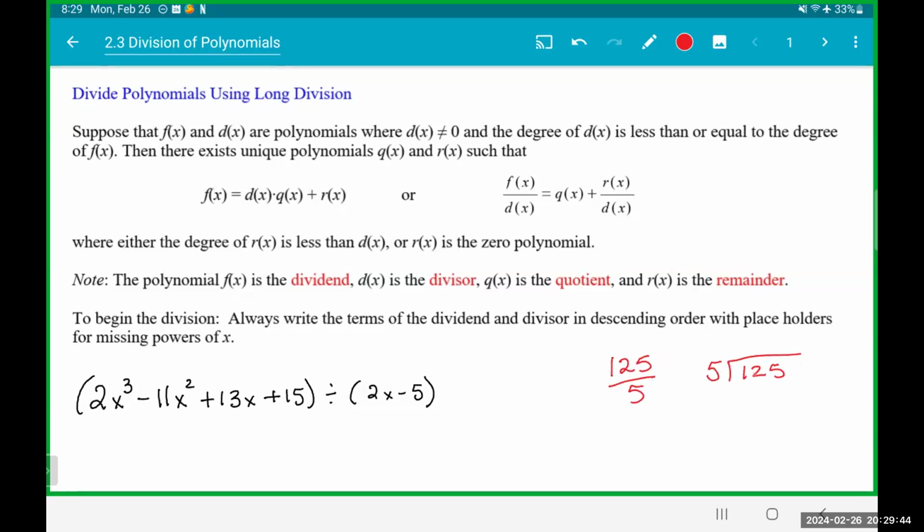We would say 5 goes into 1, none. 5 goes into 12 2 times. 2 times 5 is 10. Then we subtract it from there, and that leaves me with 2. Then we would bring down this 5. 5 goes into 25 5 times. We subtract those, and we have a remainder of 0, right? Does everybody remember doing long division?